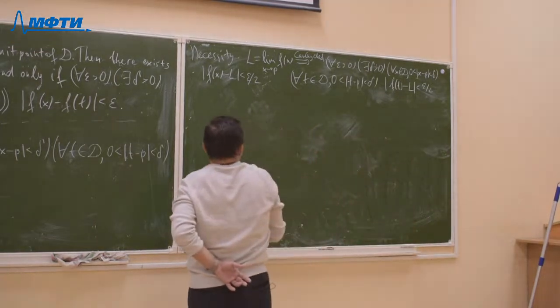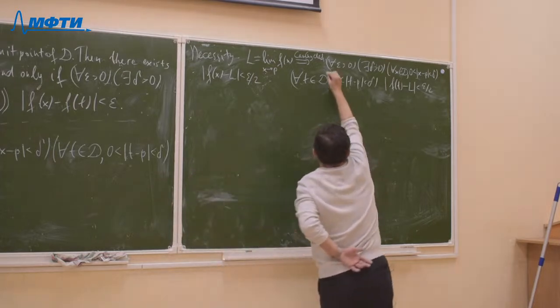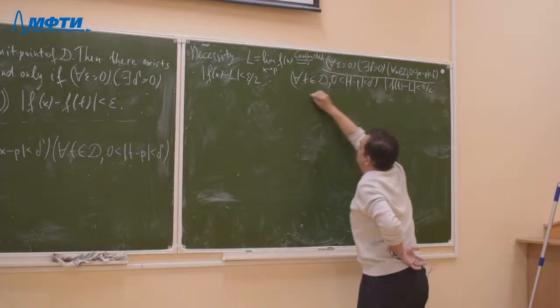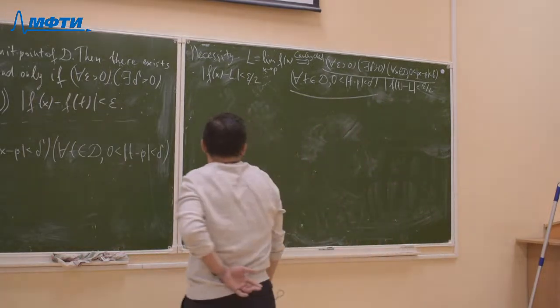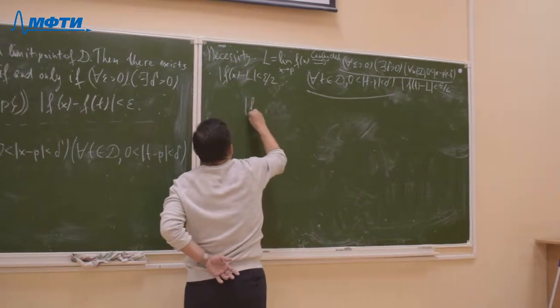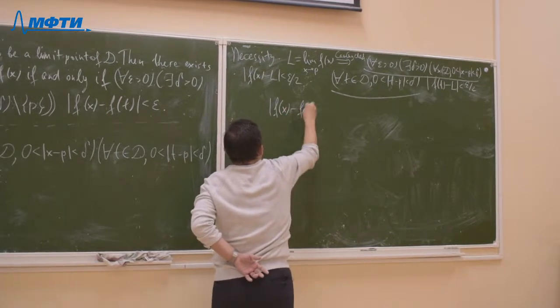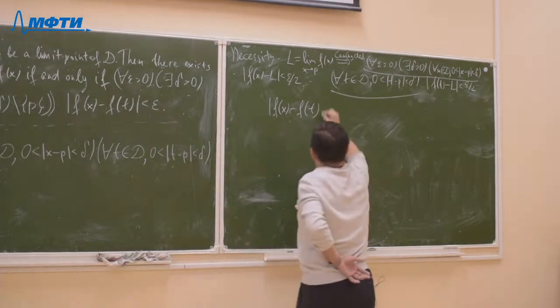Now, for the same chain of quantifiers, what can we write for the difference f of x minus f of t?